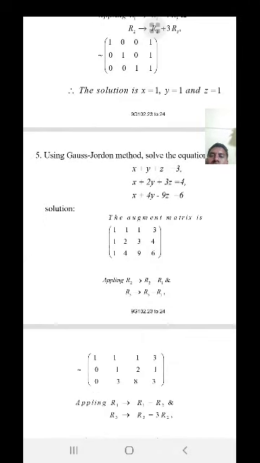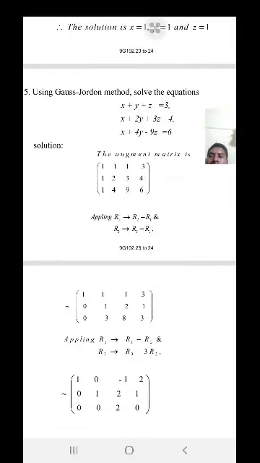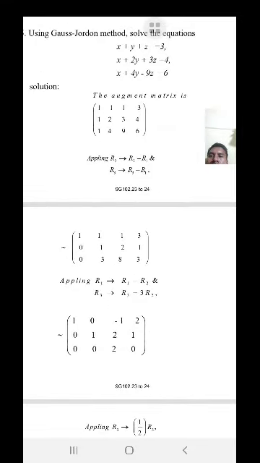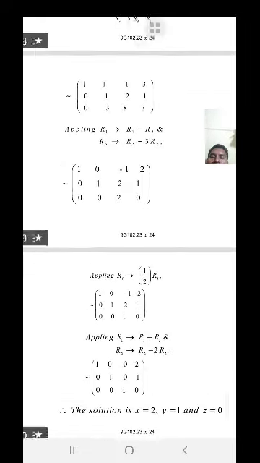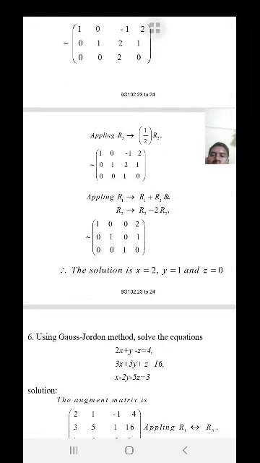Similarly, the fifth question is also there. First we have to write the augmented matrix, then we have to transform it using operations in the form of 1, 0, 0, 0, 1, 0, 0, 0, 1, 2, 1, 0.